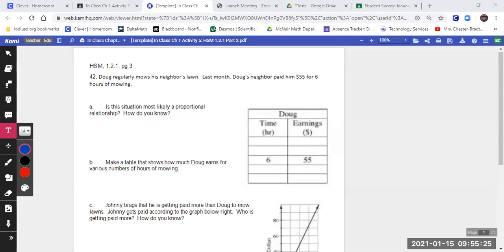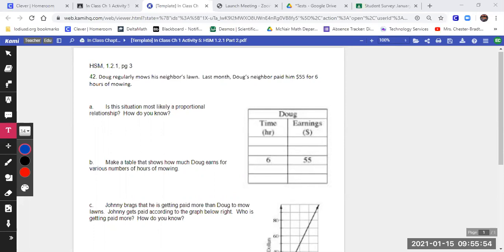Now, if I add the same thing over and over, 6 plus 6 plus 6 plus 6 plus 6, what's a shortcut way to do that? What's a shortcut way to add the same thing over and over?